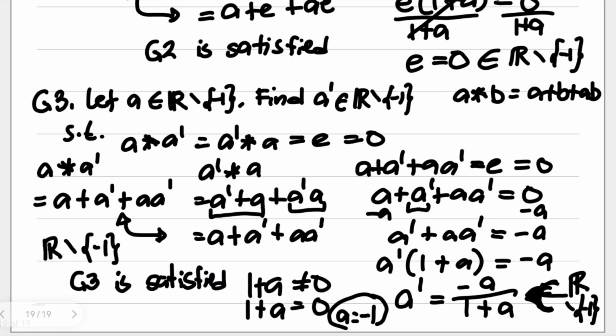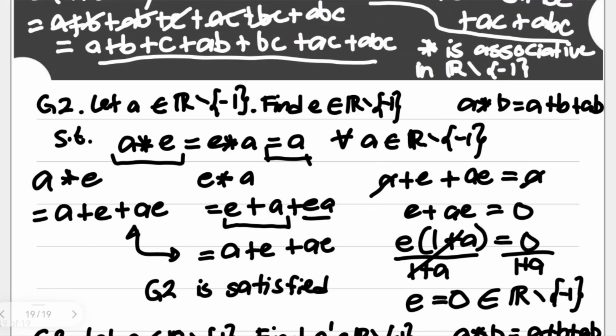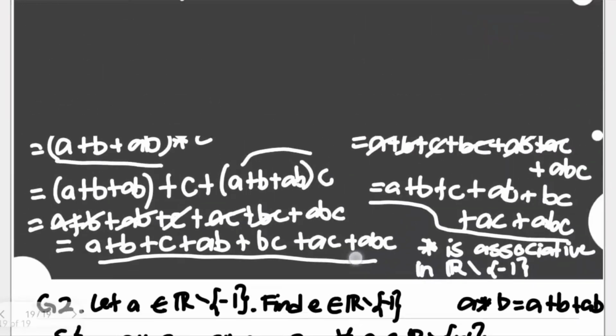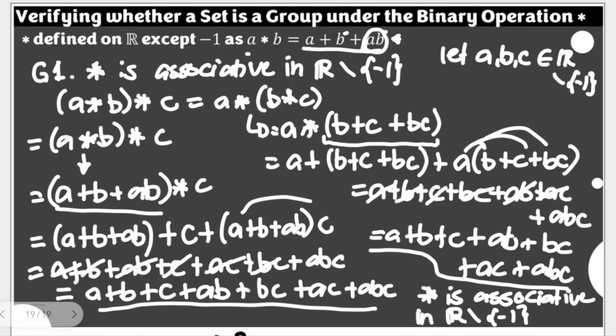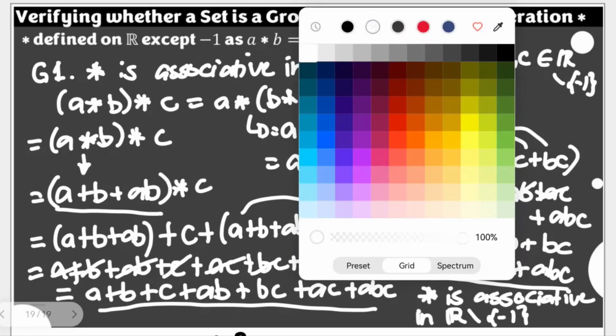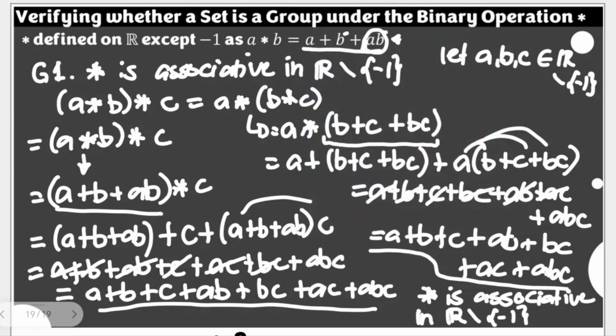Okay? So with this, G3 is satisfied, G2 is earlier satisfied, and of course, though very long, our associativity G1 is also satisfied. Then we can say now that the set R, except for the set containing negative 1, is a group under the given star operation.